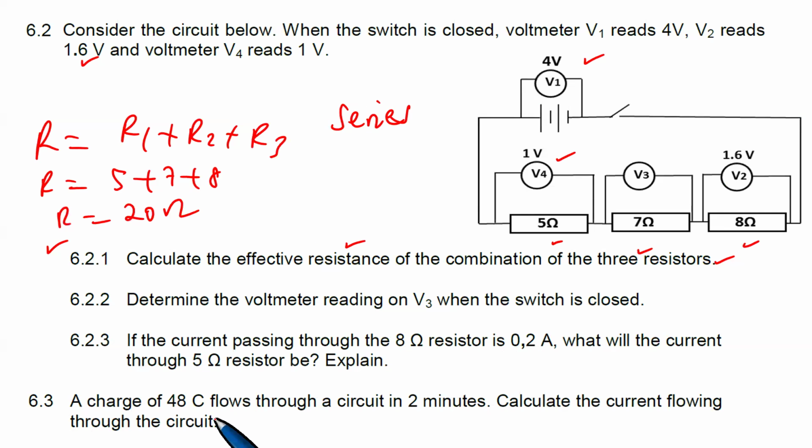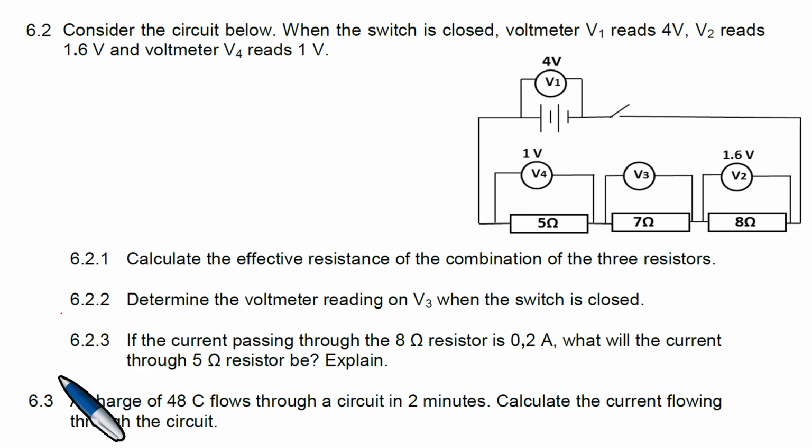Now we're looking at the next question, 6.2.2. We want to calculate the voltmeter reading on V3. If the resistance here is 7 ohms, what is the voltmeter reading on V3?